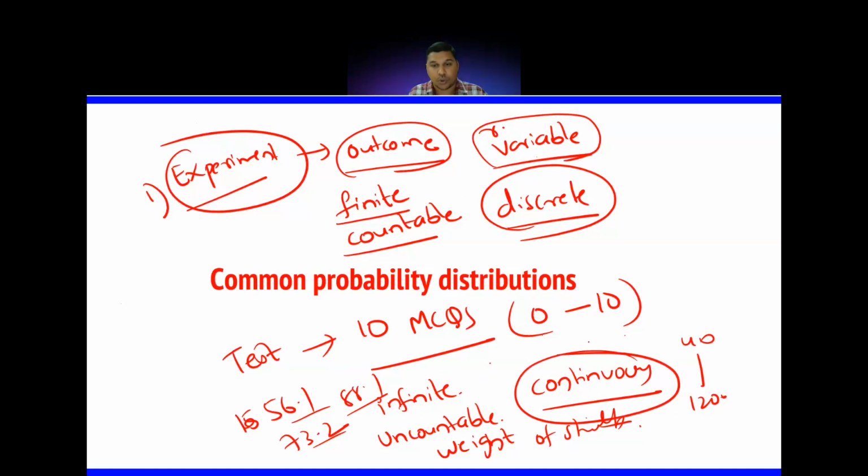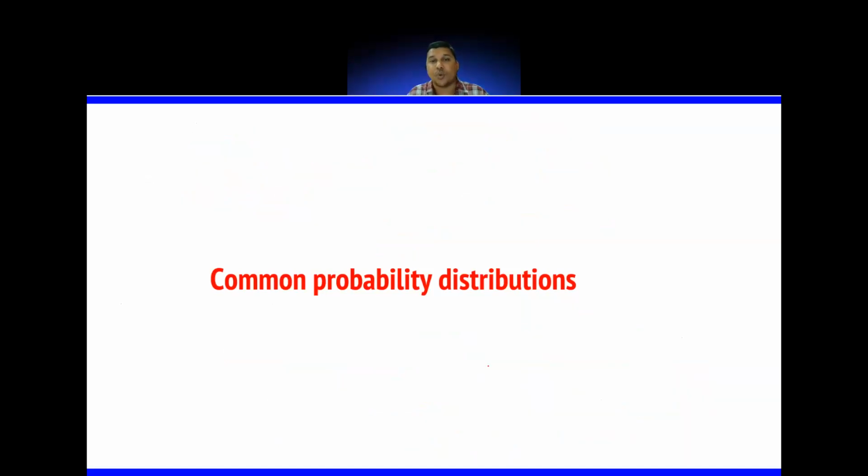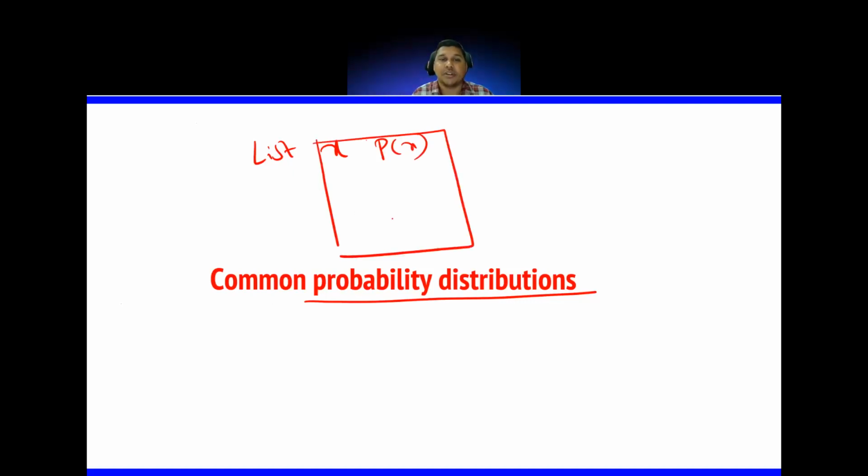Okay, so what is probability distribution? When you generate a list of the outcome of the random variable and its probability, when you club together the outcome and its probability, this is called a probability distribution.